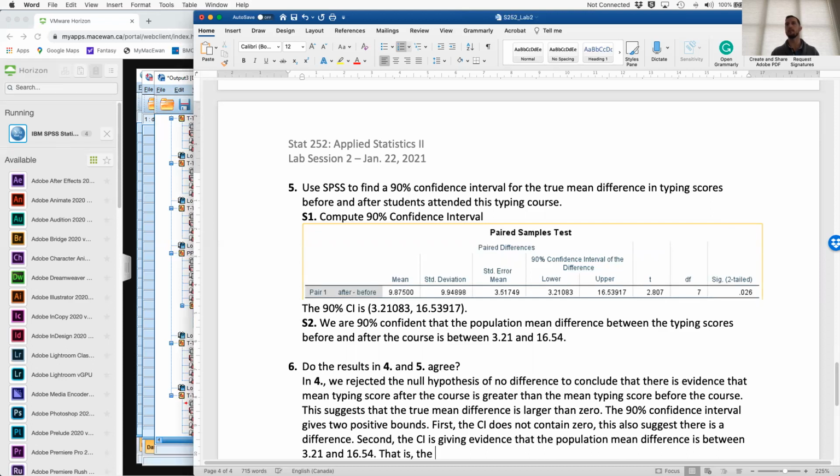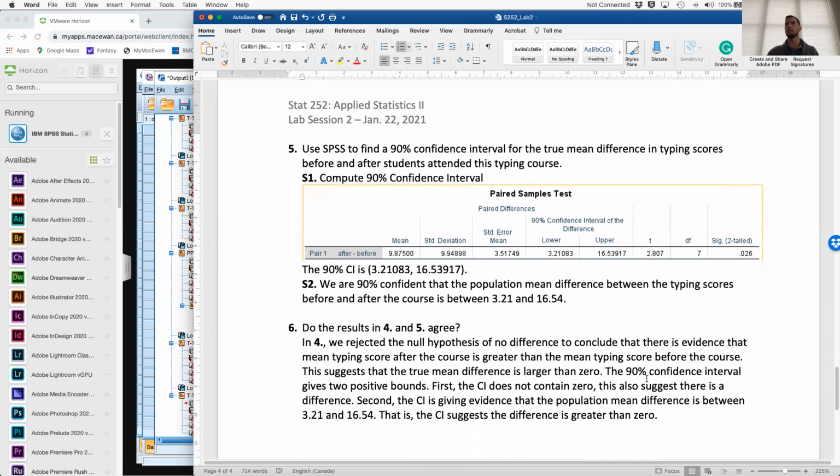That is, the CI suggests the difference is greater than 0. Okay, so therefore, the hypothesis test and CI agree.